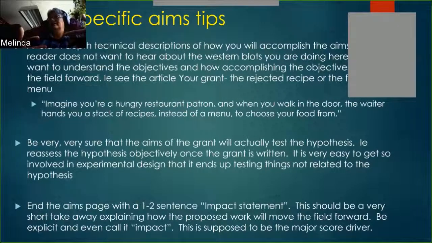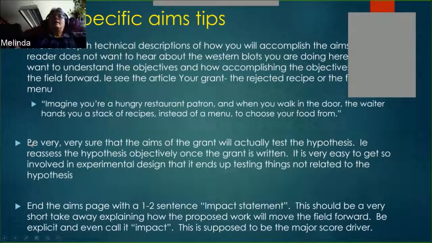The big picture objective is the focus, and less on the absolute technical detail on an Aims page. You're going to have to put all that in your research description, but it can be counterproductive on an Aims page.